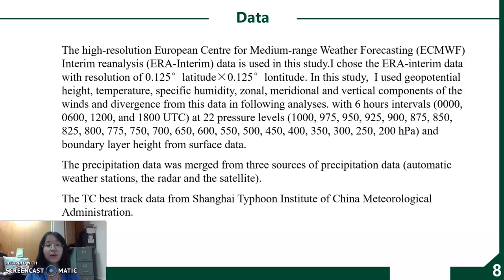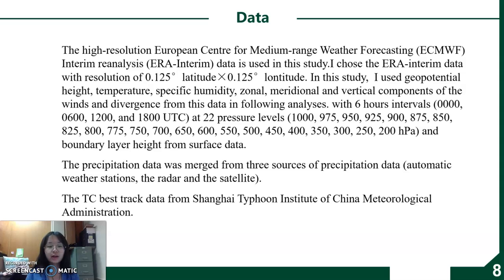In this study, I used geopotential height, temperature, specific humidity, zonal, meridional, and vertical components of the wind and divergence from this data in the following analysis, with 6 hour intervals at 22 pressure levels.